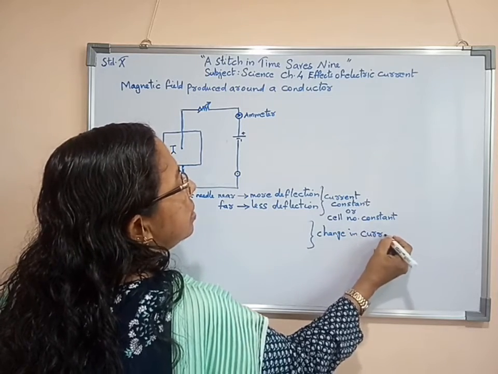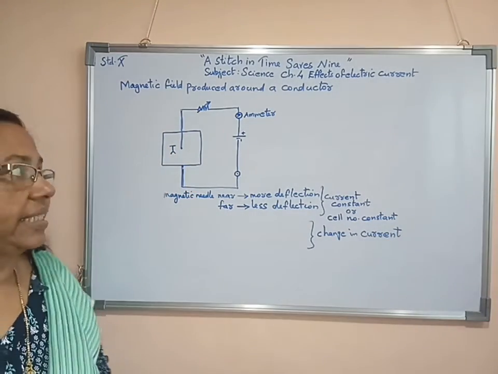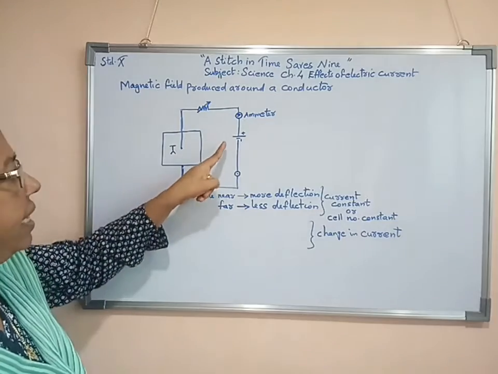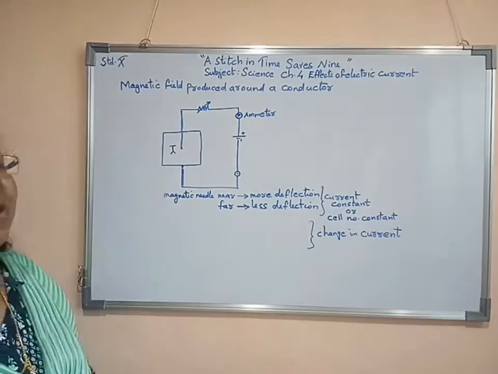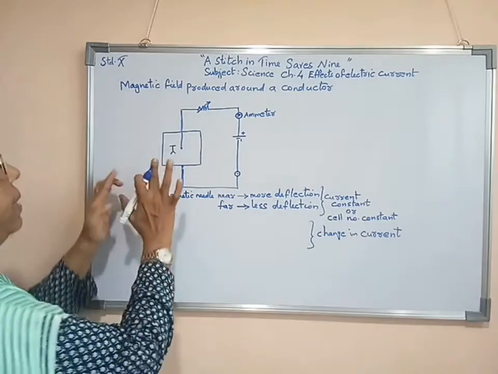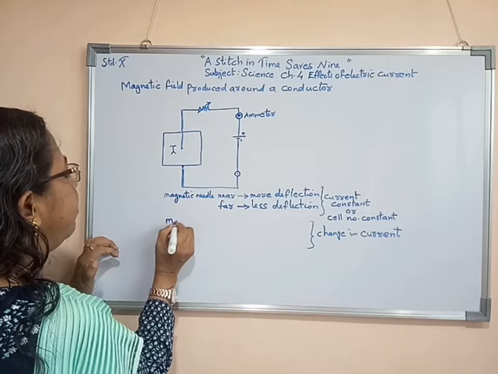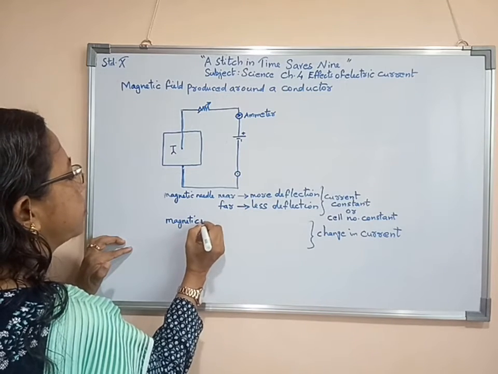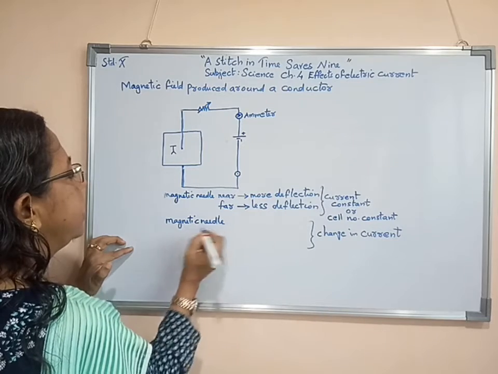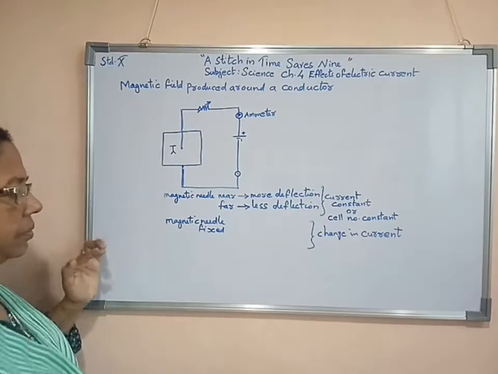We are using only one cell now, which means we made the current flow less. At the same time, this magnetic needle we are keeping in the fixed position. The magnetic needle we are not changing.